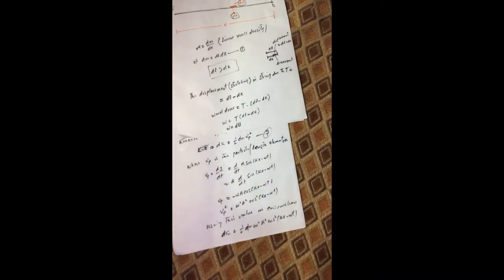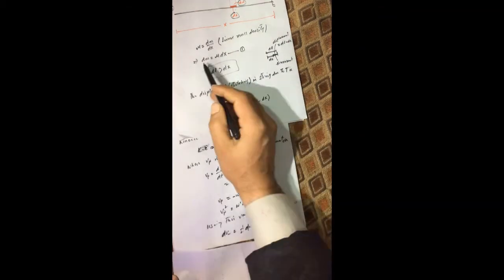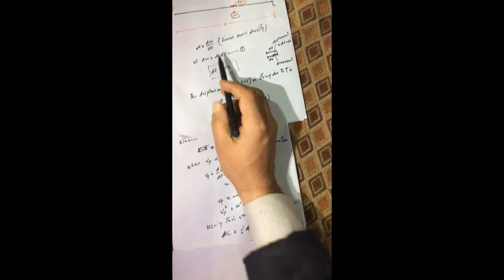Now if we further simplify it, by further simplification I mean we have to put the value of dm from equation 1. This is equation 1, dm is equal to mu times dx.